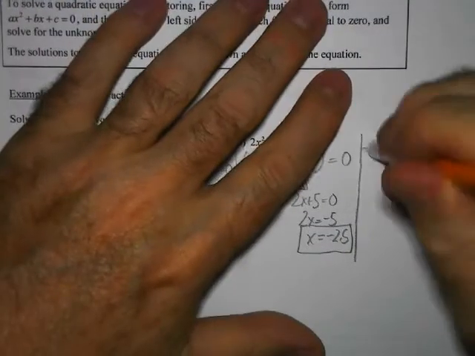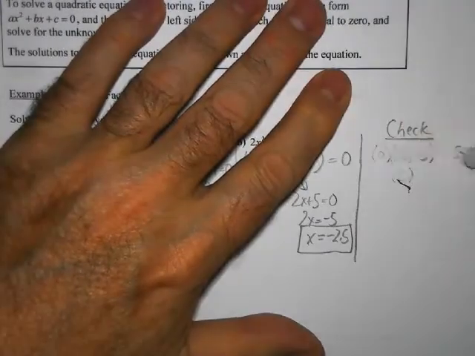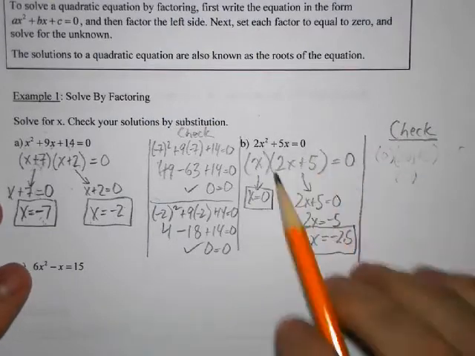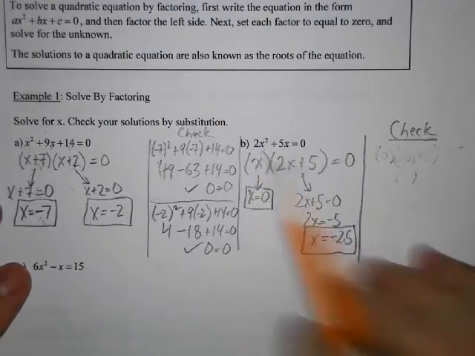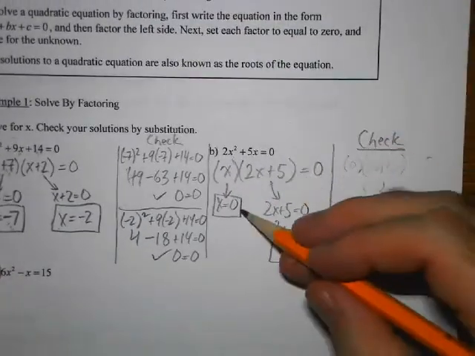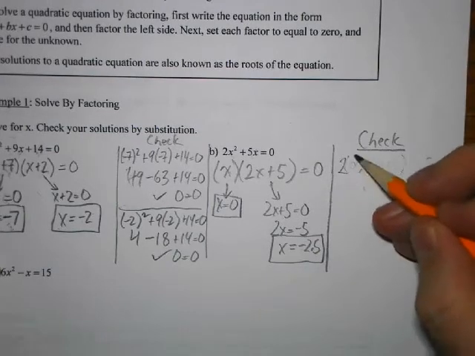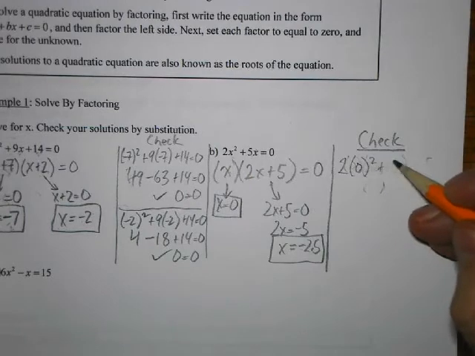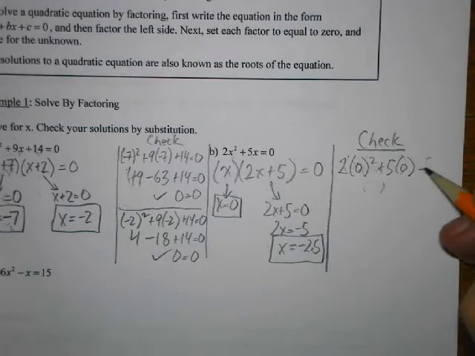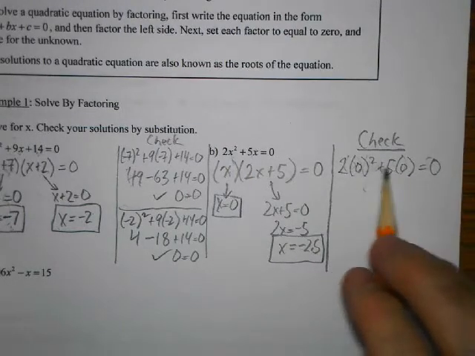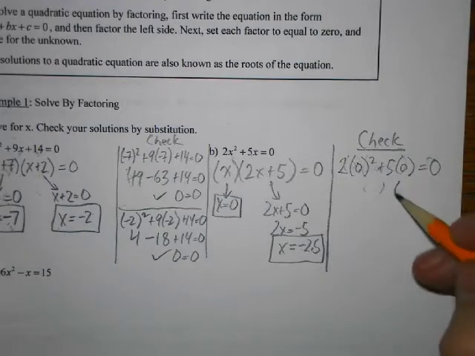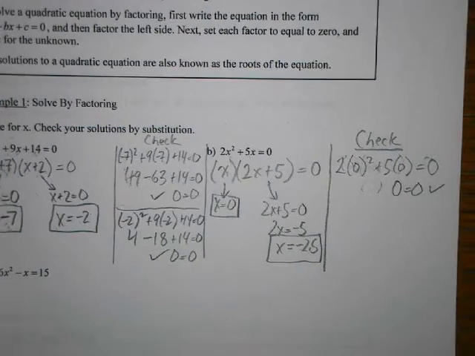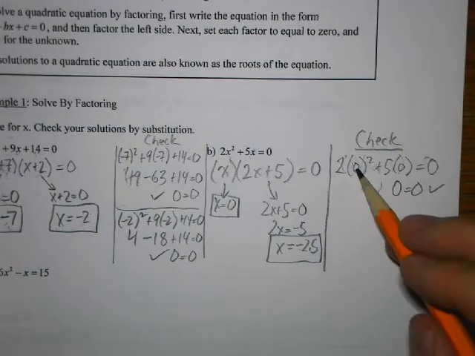I should be checking against the original equation, like I said earlier on the first example, because maybe I made a mistake on here. So let's go back to the beginning. I'm plugging x equals 0 into the original equation. So 2 times 0 squared plus 5 times 0 equals 0. Well, it's obvious both of these terms are 0. So that is a true statement. So therefore x equals 0 is a solution.